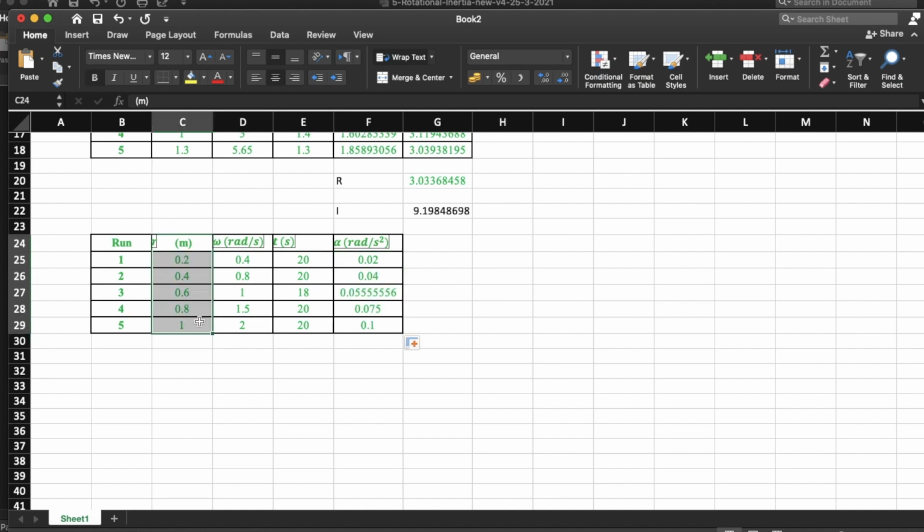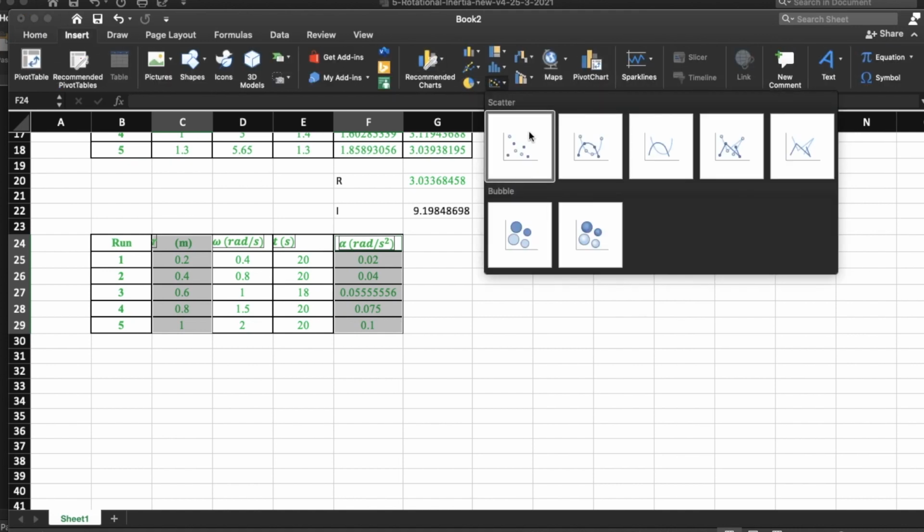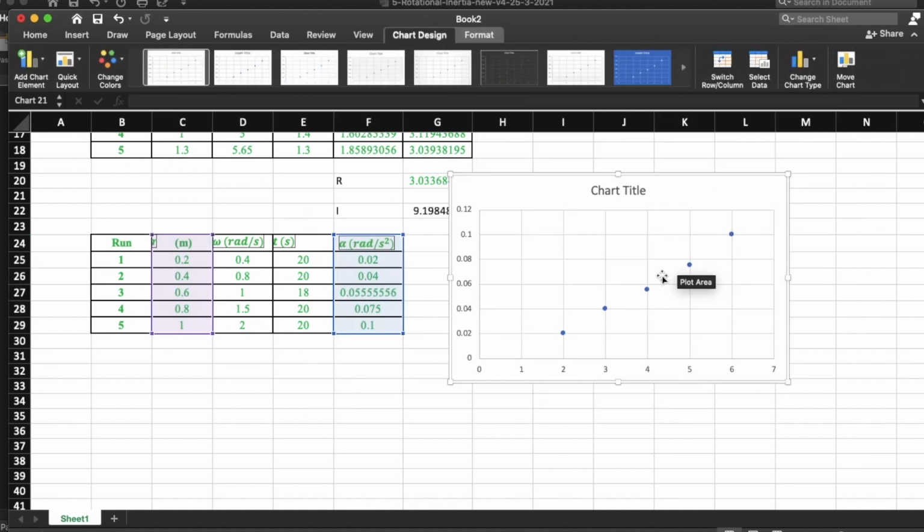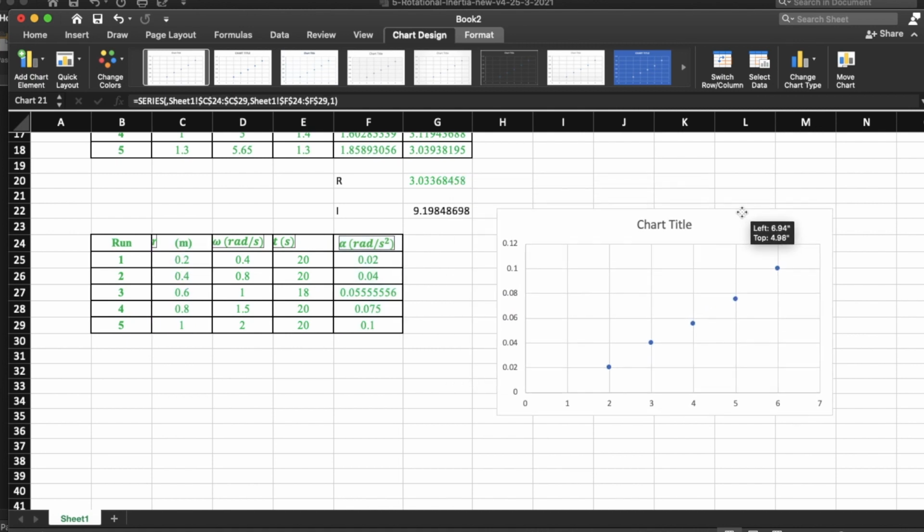Select the two columns. And do the same procedure. By now you should be expert.